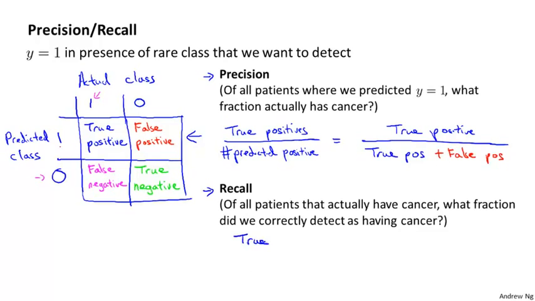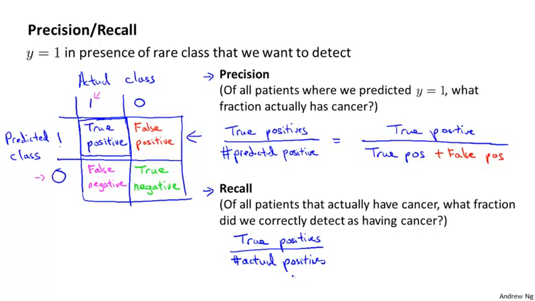Writing this down, recall is defined as the number of true positives, meaning the number of people that have cancer and that we correctly predicted have cancer, divided by the number of actual positives, of all the people that do have cancer. What fraction do we correctly flag and send for treatment?